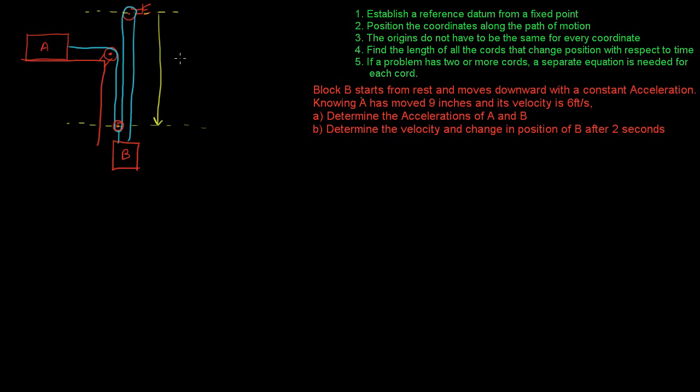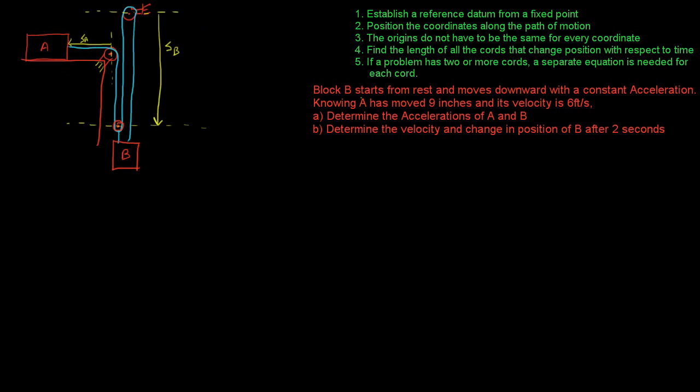So we'll call this S_B, and A is moving in a different direction, so we need a different reference, and this pulley is also fixed, so we can call this our S_A. Notice that we're saying downward is our positive direction and to the left is our positive direction because we're referencing from this point.